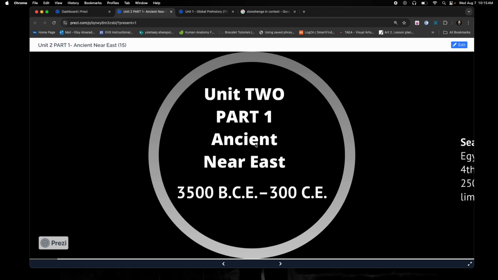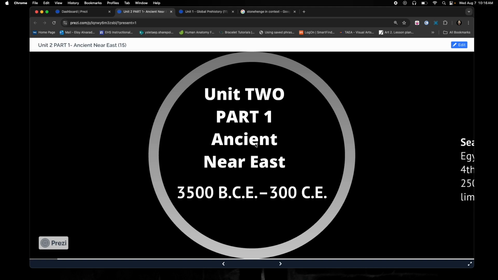That being said, this is Unit 2, and Unit 2 covers the ancient Mediterranean. But I've split it up between the ancient Near East, which is like Mesopotamia and Egypt, and Unit 2 Part 2 is Greece, Etruria, and Rome.